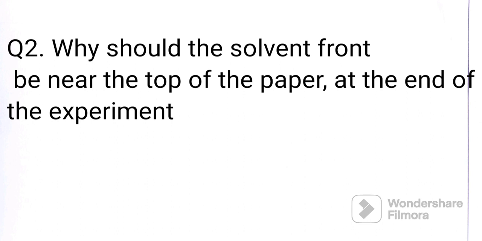Another question is like, why should the solvent front be near the top of the paper at the end of the experiment? It is to ensure that the separation of the dyes is complete.